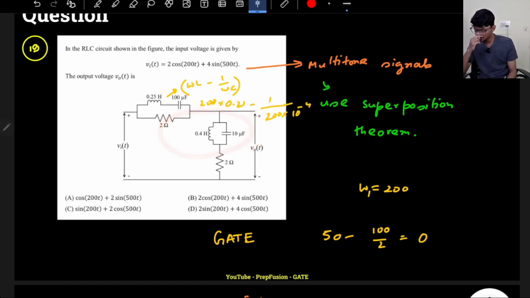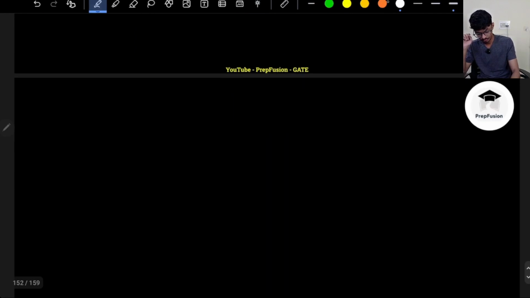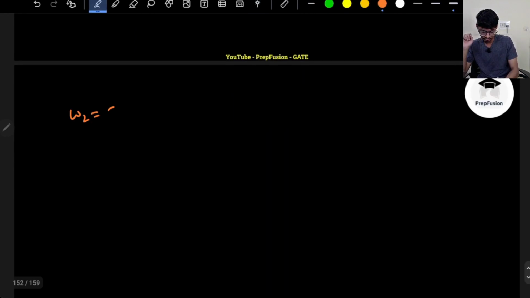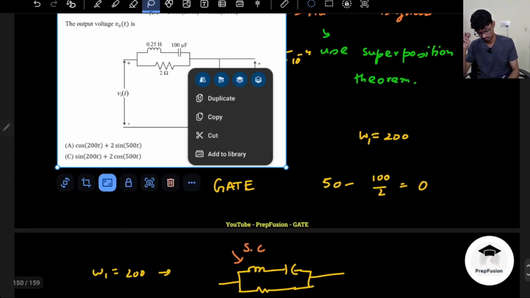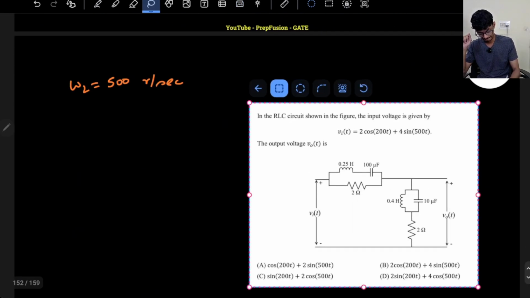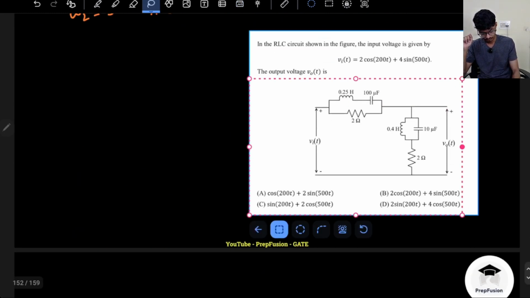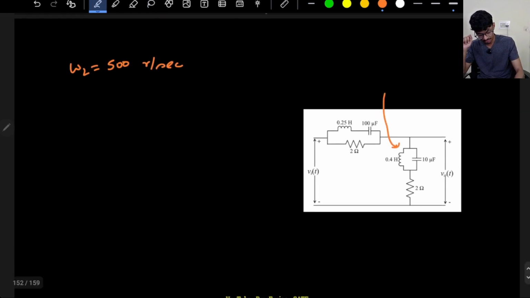If I check the secondary circuit, omega 2 equals 500 radian per second. If I check this circuit, how is the parallel calculated?